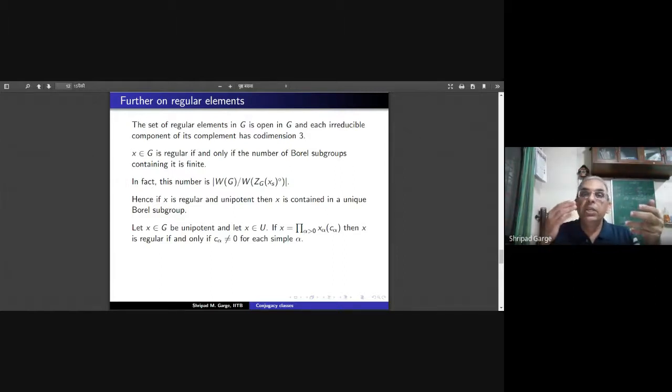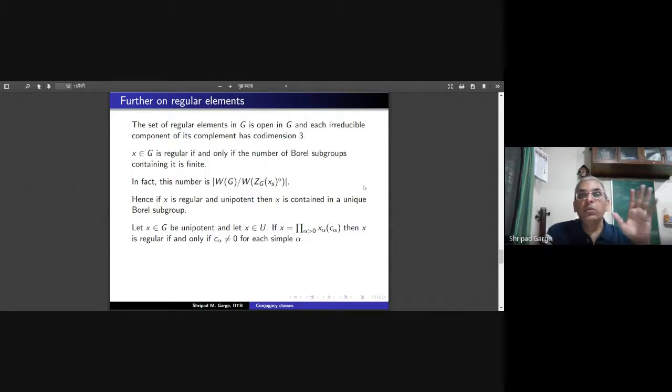When you have unipotent elements, you look at the unipotent subgroups, the capital U that we had, the unipotent part of a Borel containing it. But if you look at a general element, you look at the Borel subgroups which contain it. So if your element X is regular, then the number of Borel subgroups containing it is finite. And in fact, one can write down this number precisely.